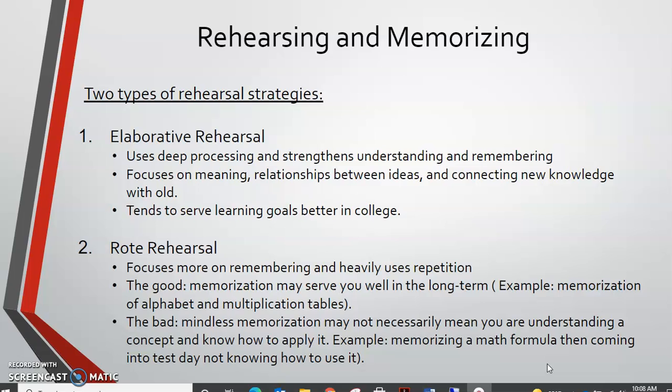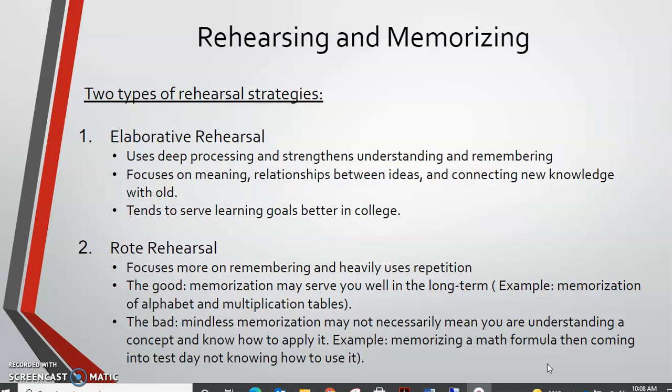So an example of rote rehearsal could also be memorizing a math formula, then coming into the day of the test and not knowing how to use it. So again, learning through repetition could be great to a certain extent, but when you're asked to apply that information, the repetition doesn't necessarily give you that opportunity to use your practical learning.